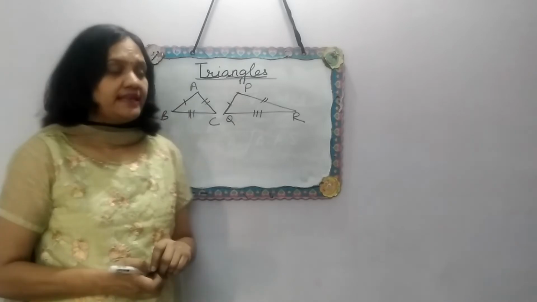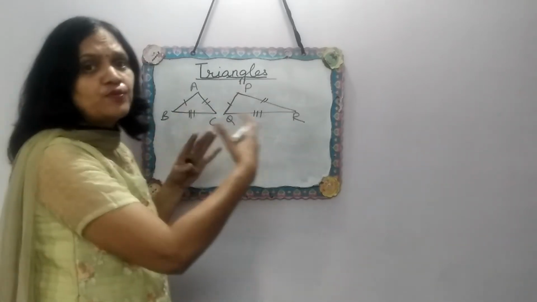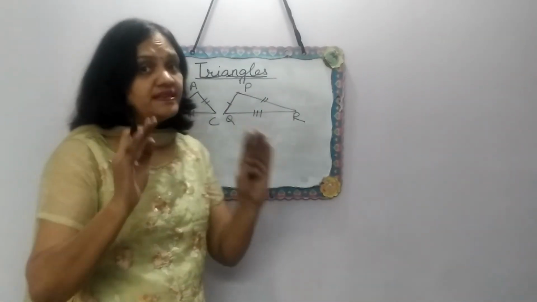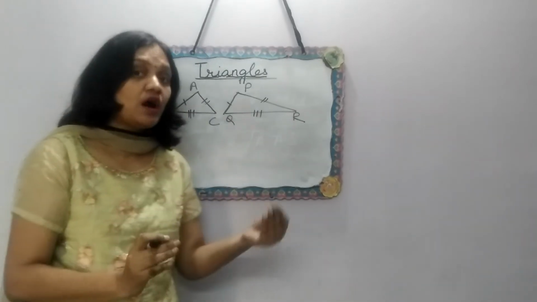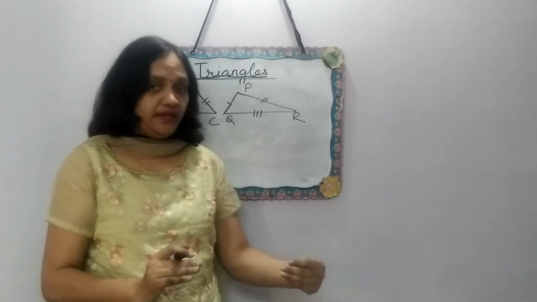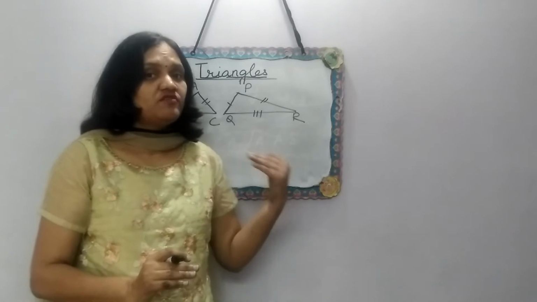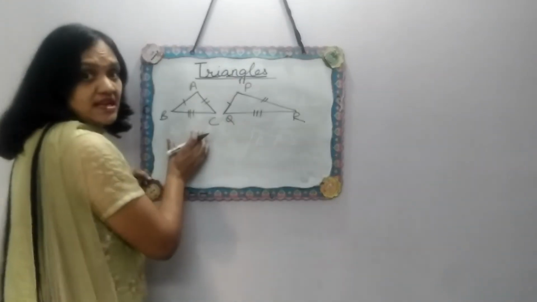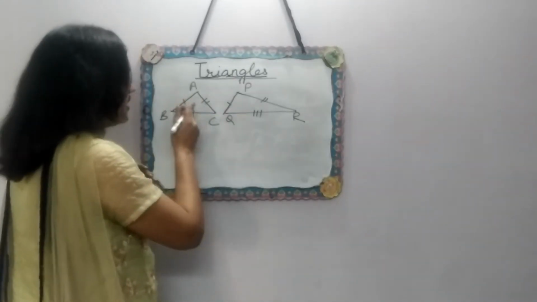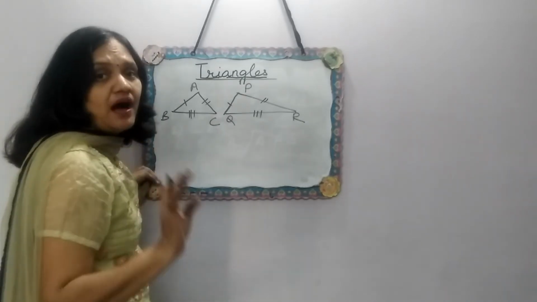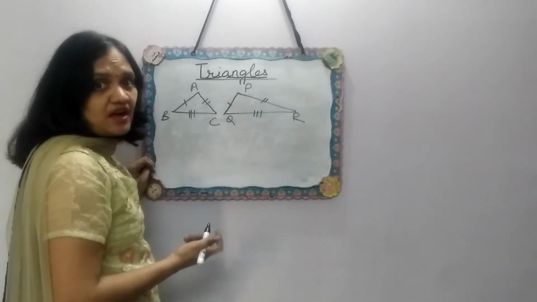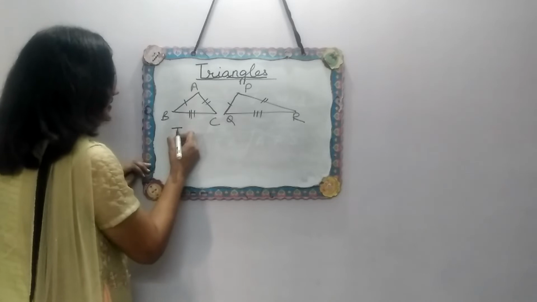Then suppose this proof has to be written properly. Please mind you, most students don't know how to write geometrical proofs properly. Whenever we write a proof, we should write the statement and the reason for it. So if I'm simply given this and I'm asked to prove whether the triangles are congruent or not, I should write like this.